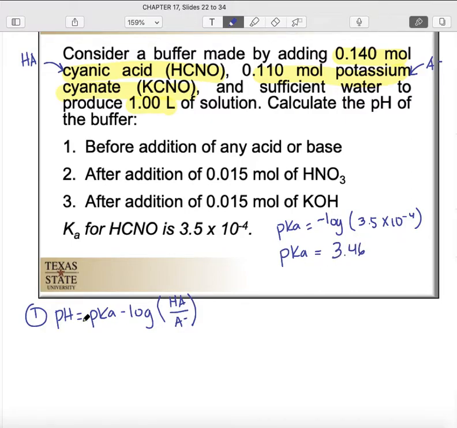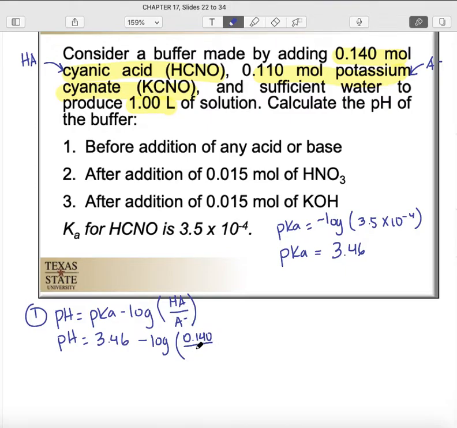All right, so coming back to here, now I can calculate the pH as 3.46, which is my pKa, minus the log of the ratio of the concentrations. The acid is 0.140, and remember that I can use just the moles or the molarities. In this case, both numbers are the same since the liters is 1 liter, but you're welcome to just use the moles.